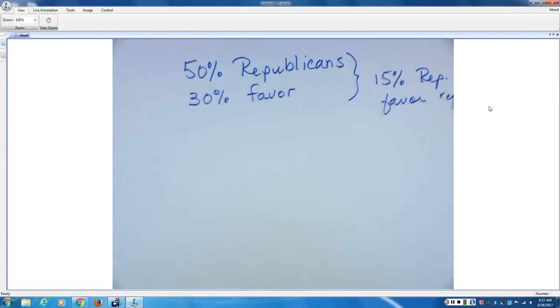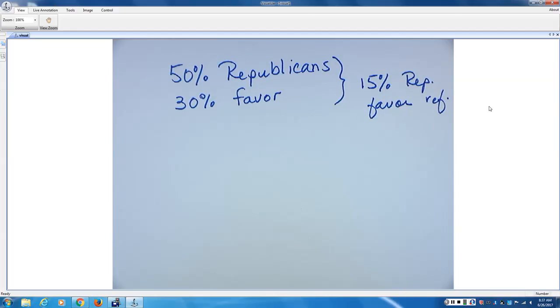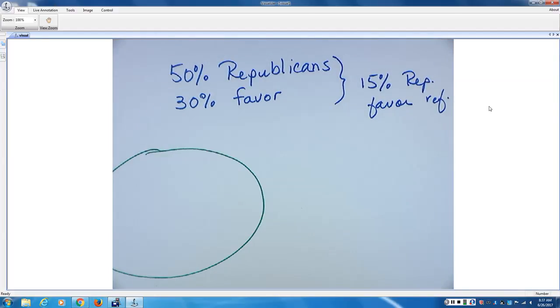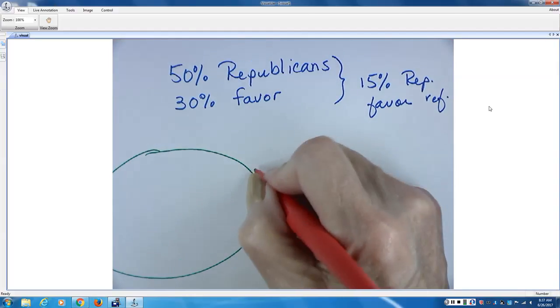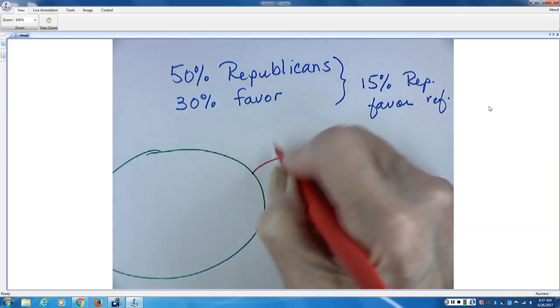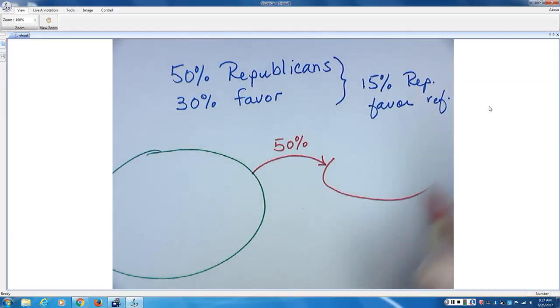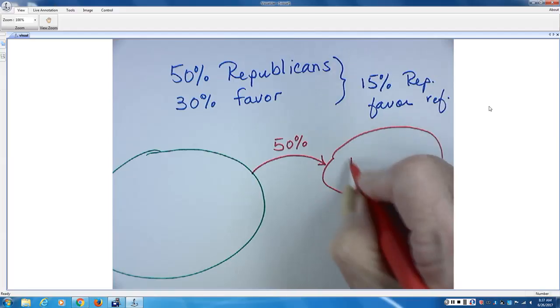Okay. We got a whole bunch of voters. All of them, right? Out of that whole bunch of voters, 50% of those people are Republicans.